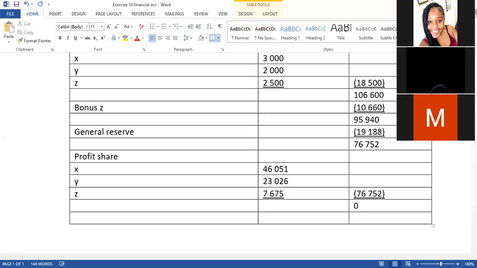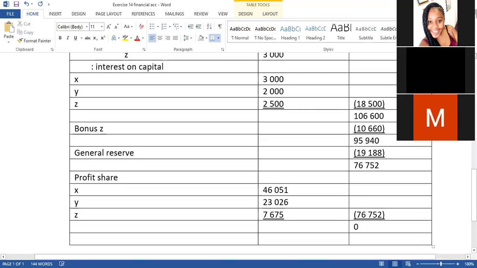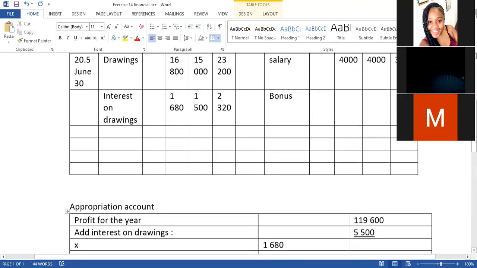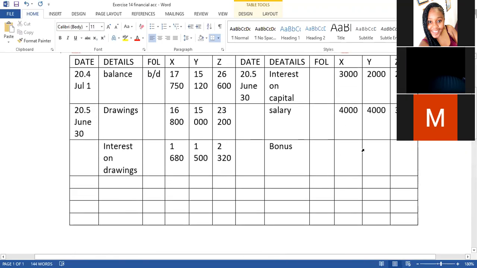Do we understand? Yes, ma'am. So remember, we are not done with our current account. So we go back to our current account. The bonus of Z is how much?